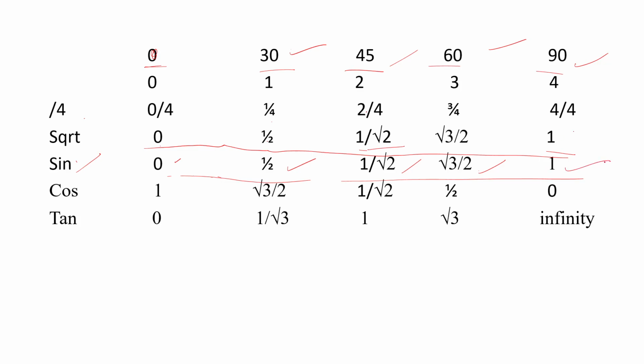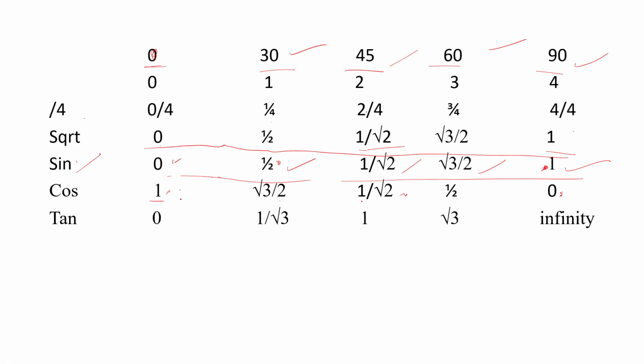So we got the sine values. Now you reverse them: the last one comes first, the next one comes next, and 0 will be at the end. Just reverse the sine values, and you will get the values of cos.